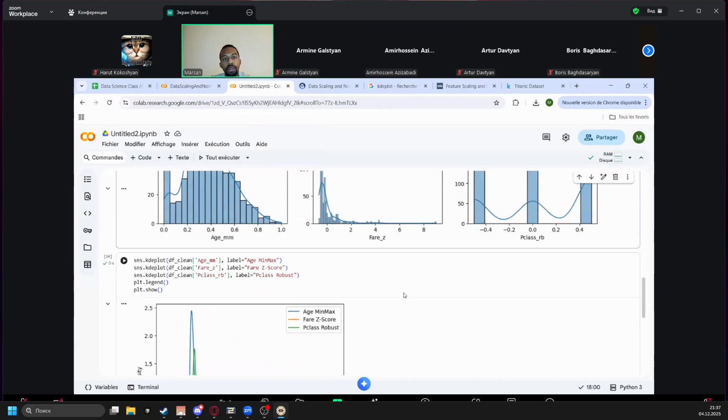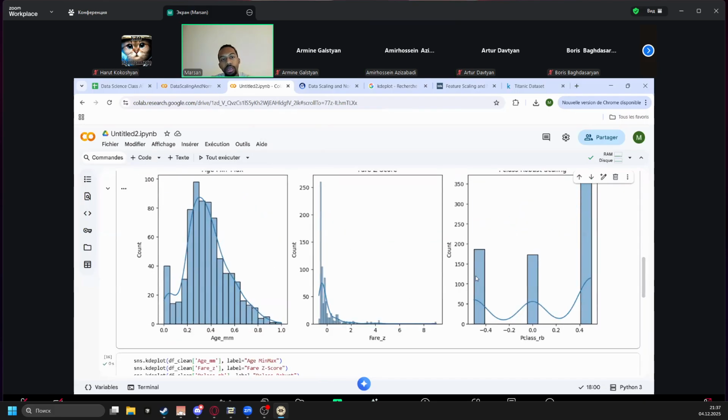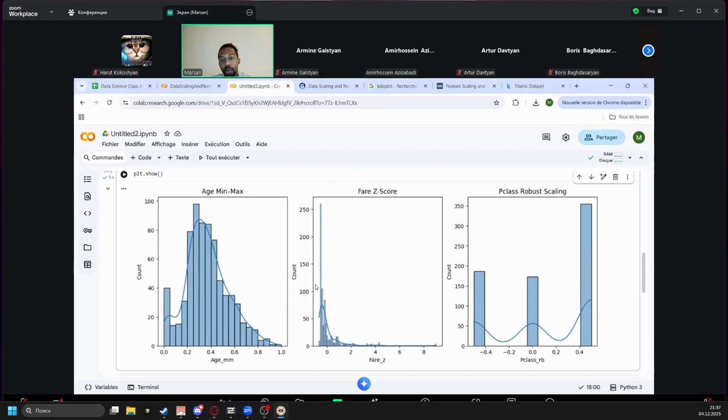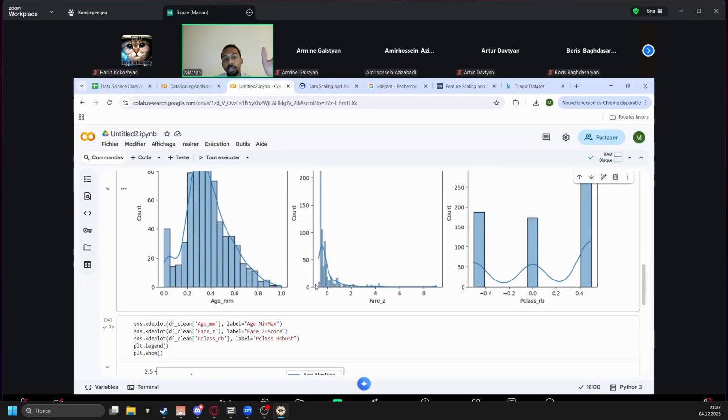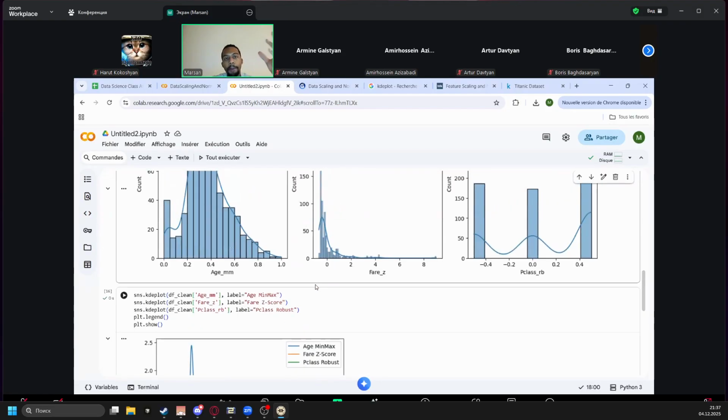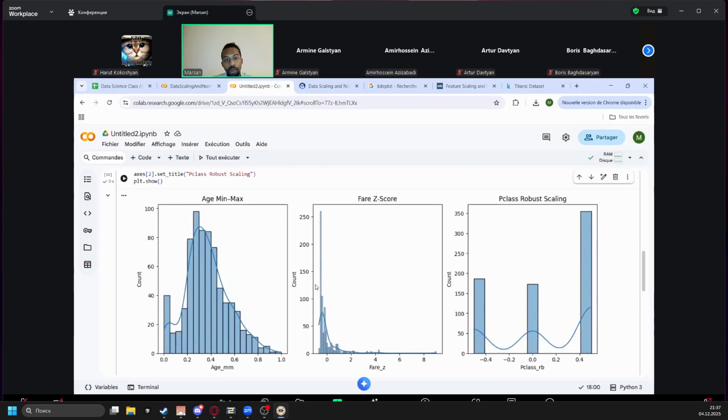So this is why the three variables have totally different distributions. But the goal of this exercise was just to test some scaling techniques.